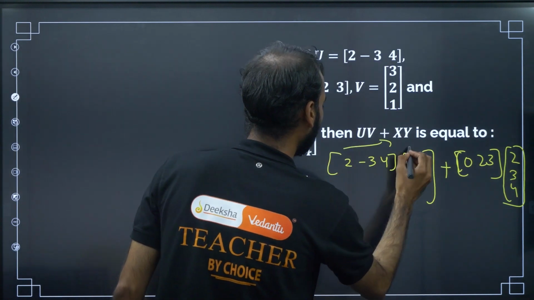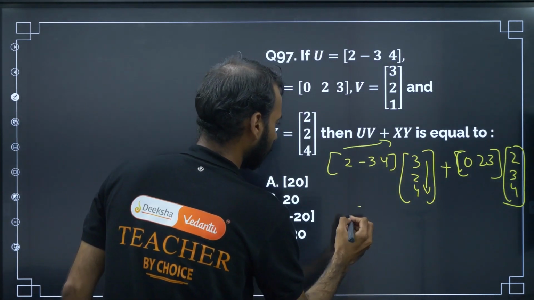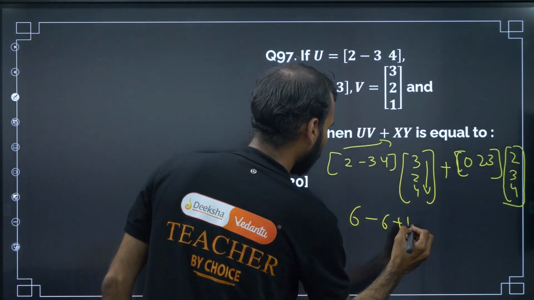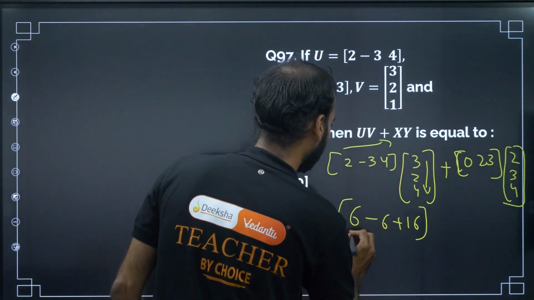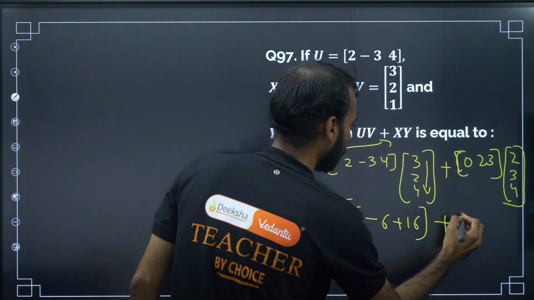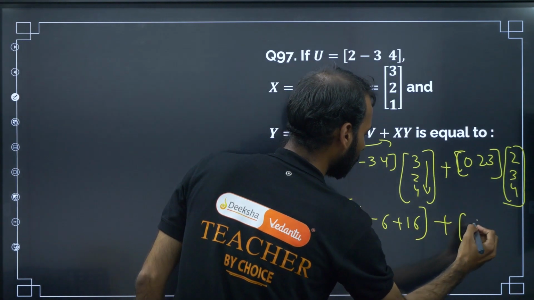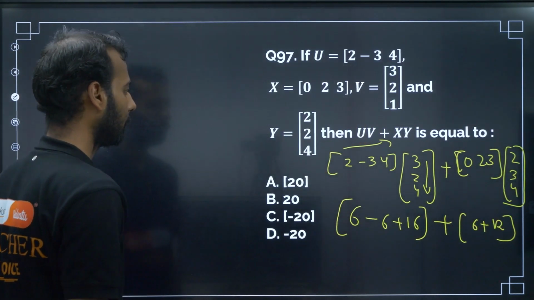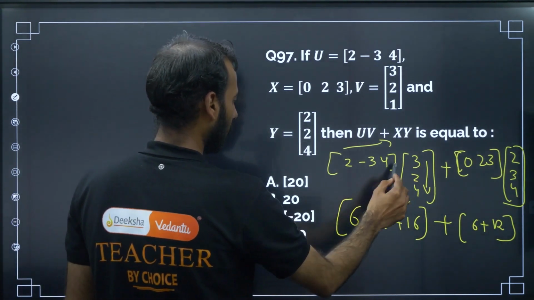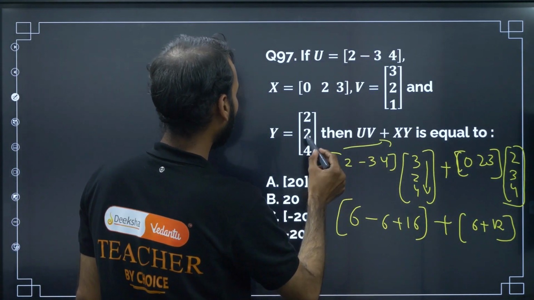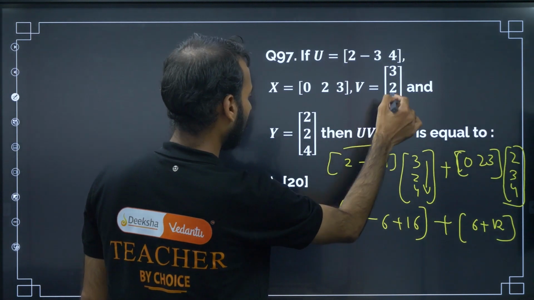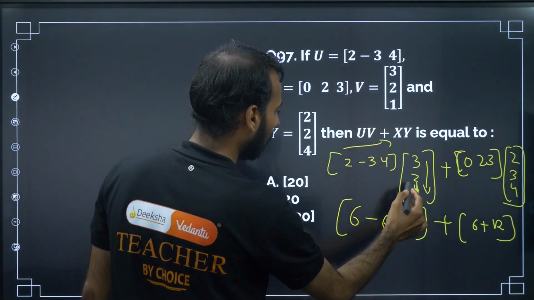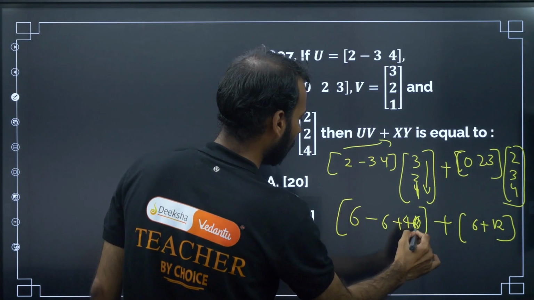Next, now go for multiplication. 16 plus 0 6. This is 1 3 2 1, so this is 4, not 6.